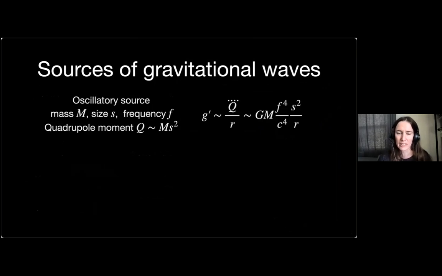Okay, so what do you need to generate a gravitational wave? Fundamentally, you need a time-varying quadrupole moment. You have a monopole, which is just the mass. You have a dipole, which is a little tricky in a system of gravity where you only have one sign of charge. But you can get a quadrupole moment, with the distance squared coming into the scale of the quadrupole moment in mass.